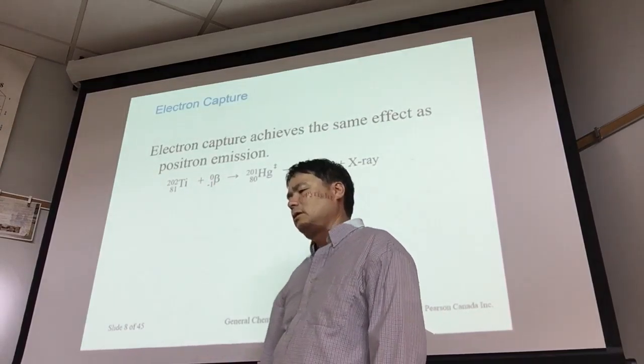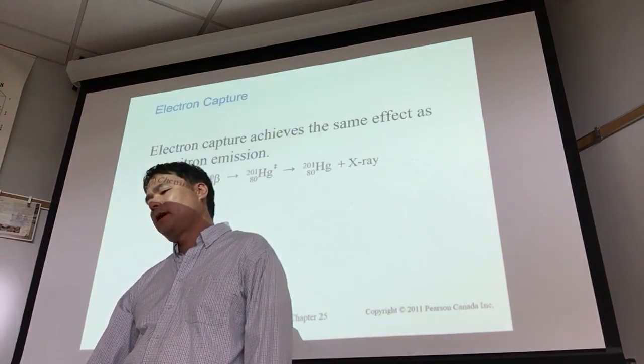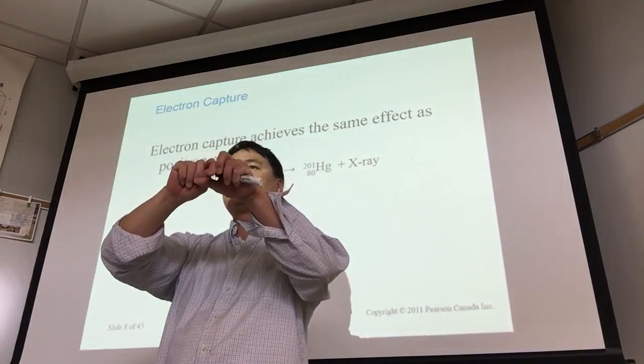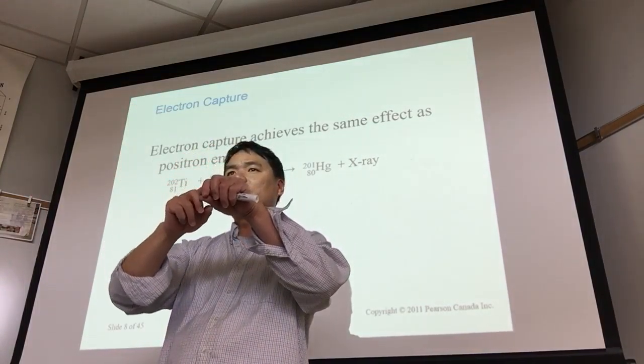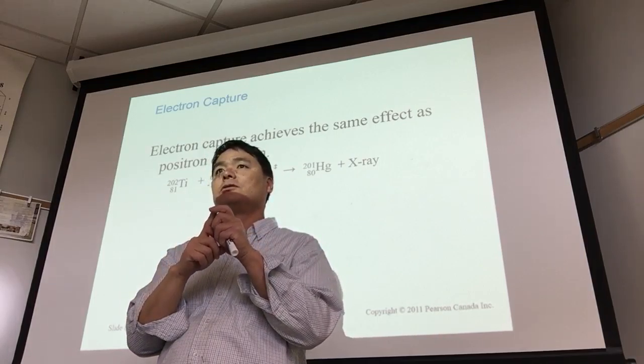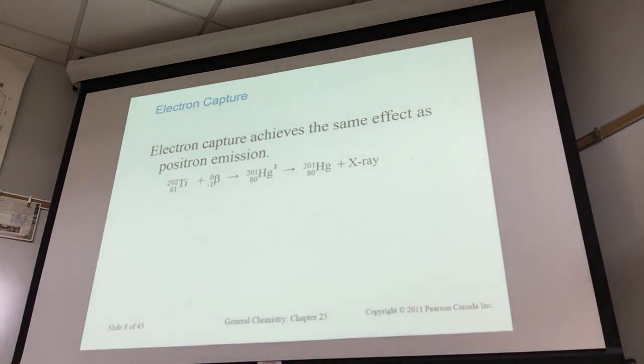Is the electron being consumed or emitted? Consumed. So this is the nucleus, and there's a core electron. It gets sucked into the nucleus and converts a proton. Where did the electron go from? The core.